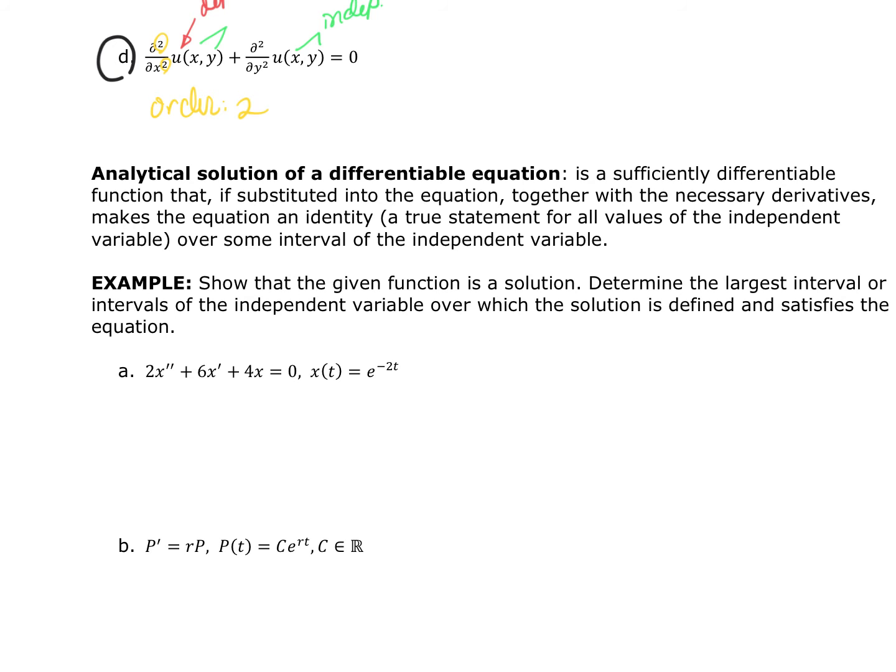We're putting our functions into these differential equations to see whether or not it makes a true statement. We also have to think about any restrictions. When they're asking for the largest interval in which this satisfies it, we want to think about any restrictions on the original function or any restrictions that might show up in the differential equation.